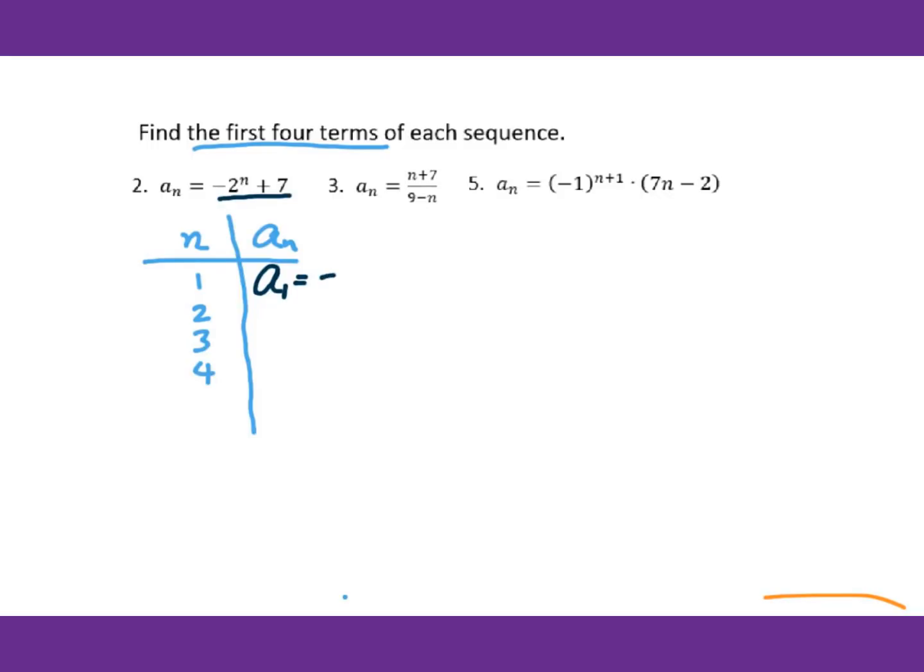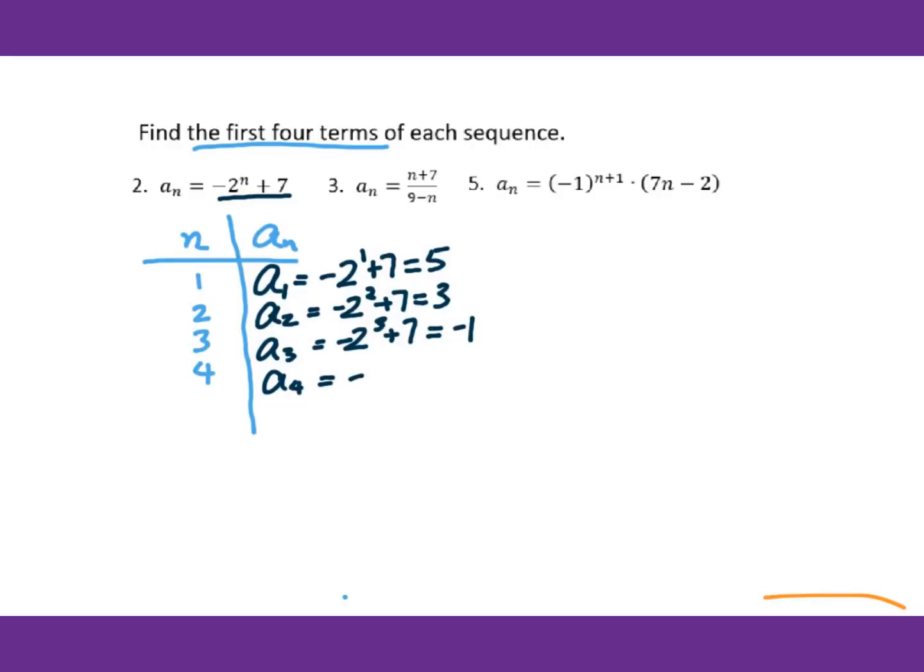You get negative 2 to the first power plus 7 equals 5. A sub 2 equals negative 2 squared plus 7 equals 3. A sub 3 equals negative 2 to the third power plus 7 equals negative 1. A sub 4 equals negative 2 to the fourth power plus 7 equals negative 9.